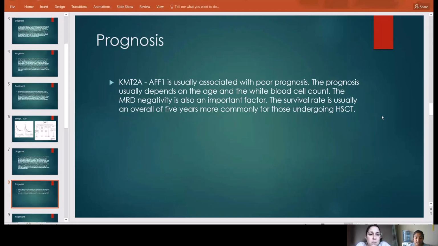With this gene arrangement, if the MRD is negative and the levels are low, then there is more scope for treating this patient with this gene rearrangement. When the MRD is positive, it will make it more difficult, with a more vigorous treatment and a much lower rate of survival and quality of life.